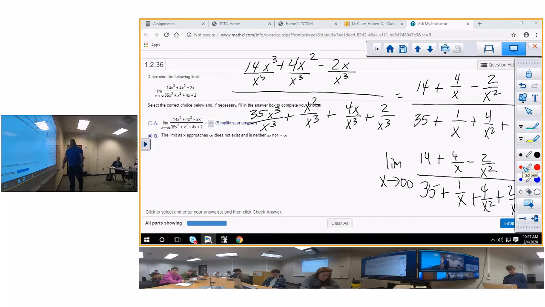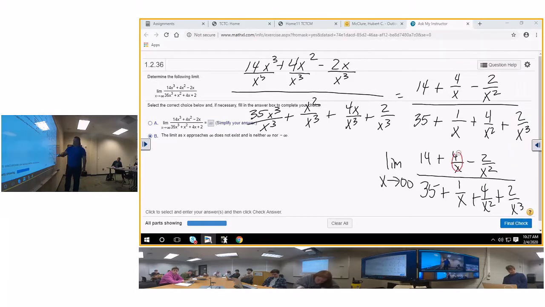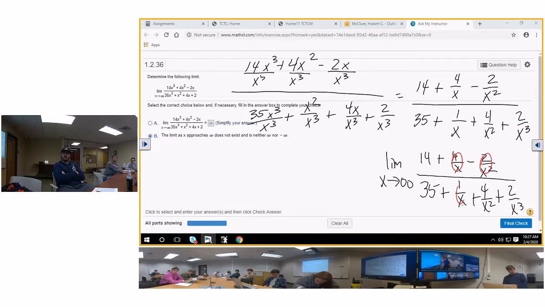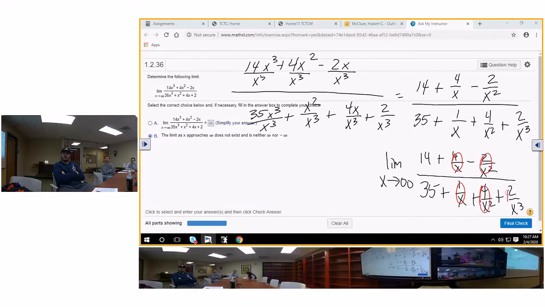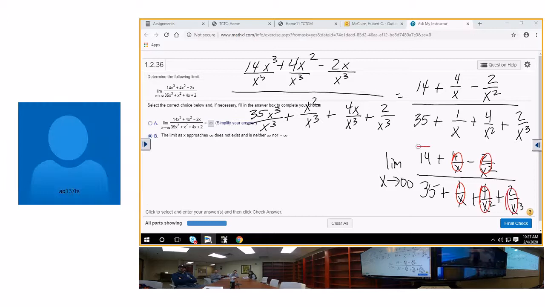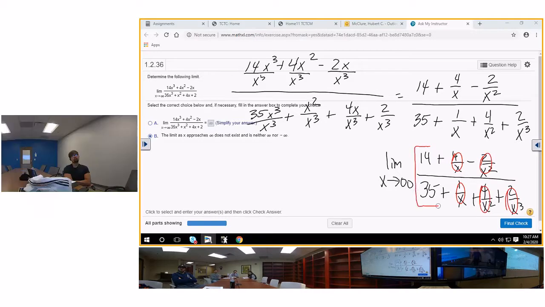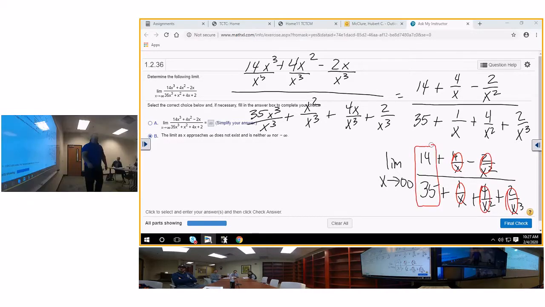And what happens when you plug infinity into the equation for x? It's super tiny. So the answer is 14 over 35.